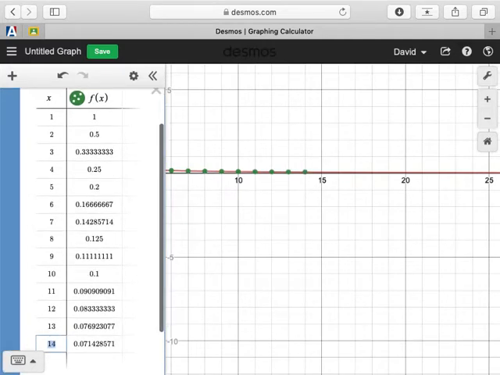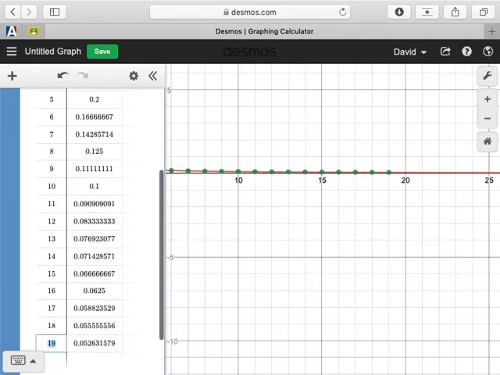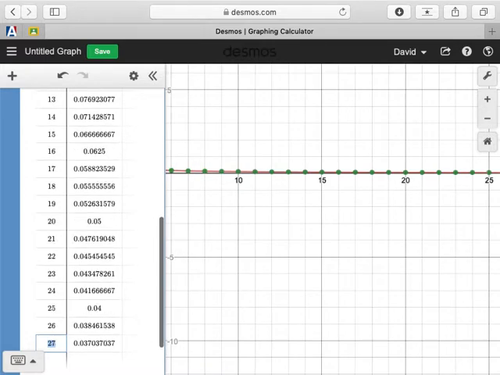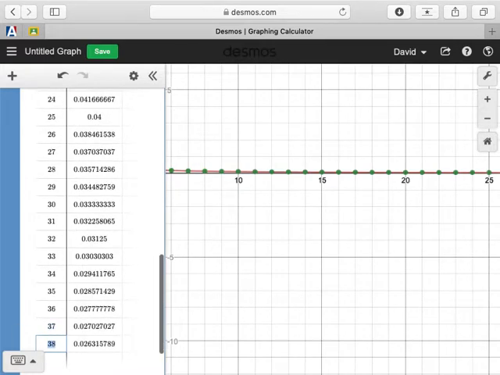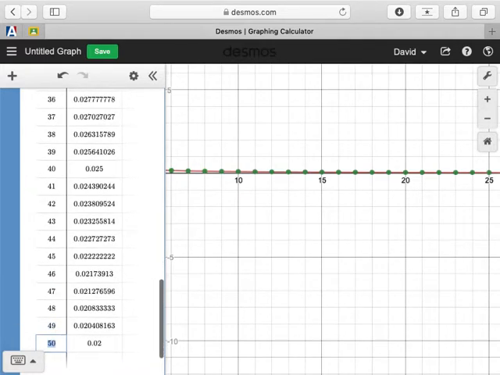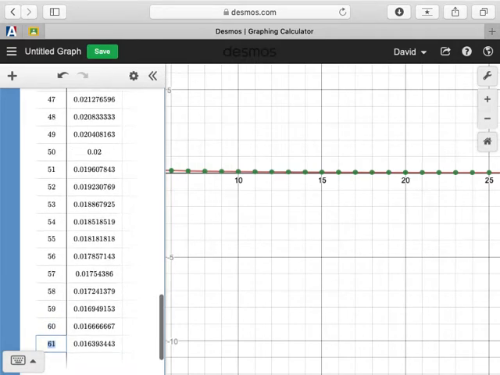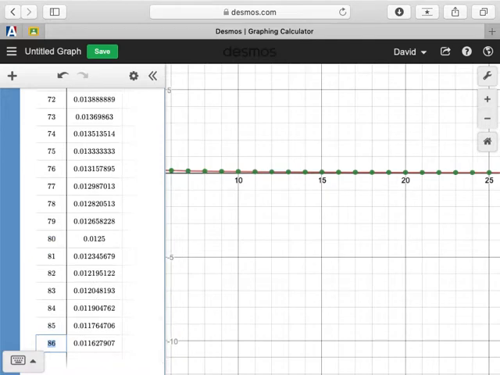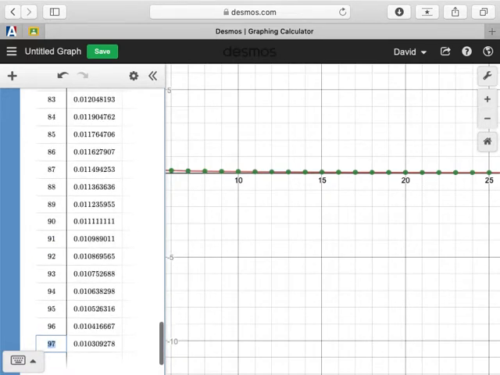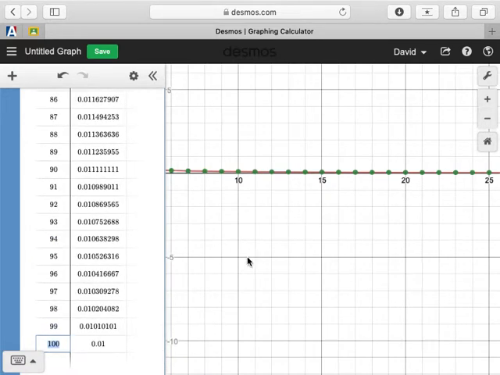So what's happening to the y values as you plug in bigger numbers, and bigger numbers, and much bigger numbers? What's happening to the y value? Let me get to 100. See how fast this is.